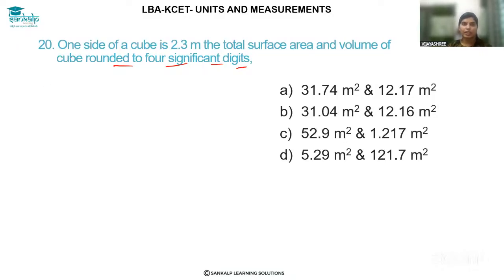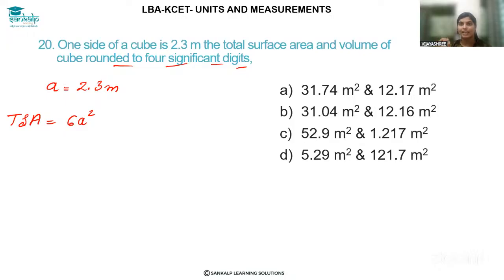Okay, so what we are given: side of the cube a equal to 2.3 meter. So total surface area, TSA, of the cube is equal to 6 times a square, because a cube has 6 square faces, right?